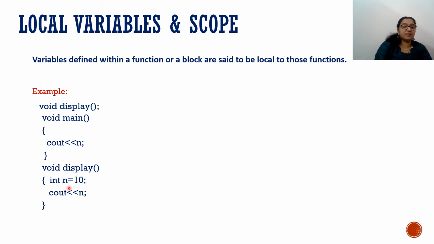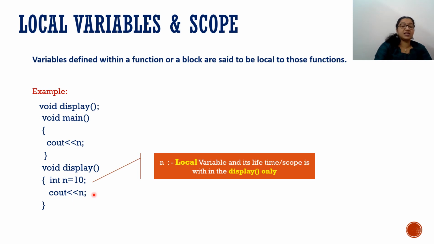Here n is a local variable of the display function, so its lifetime or scope is only within the display function.